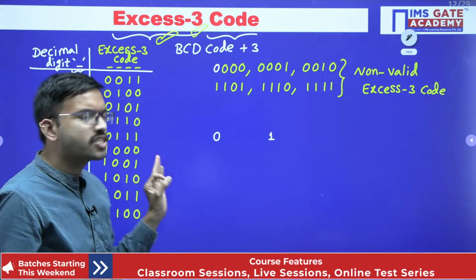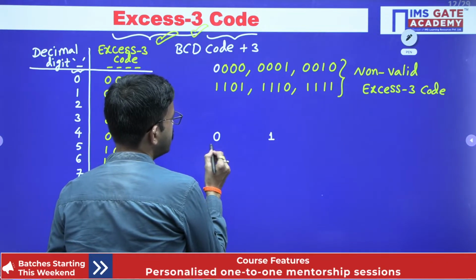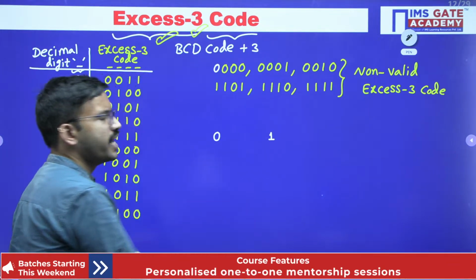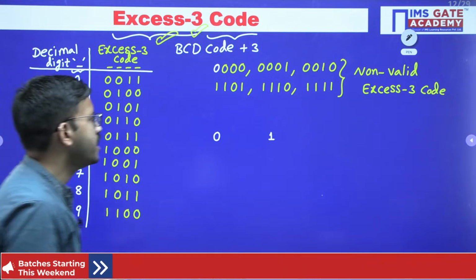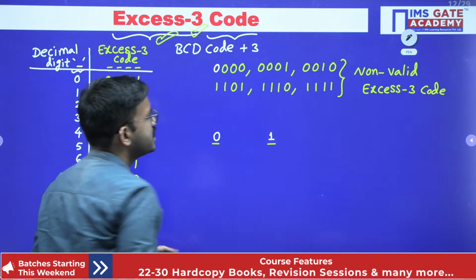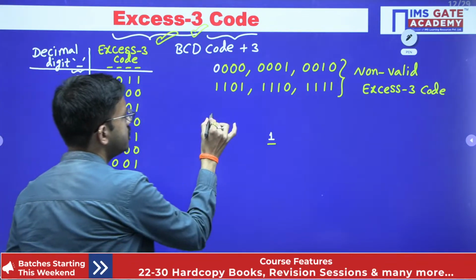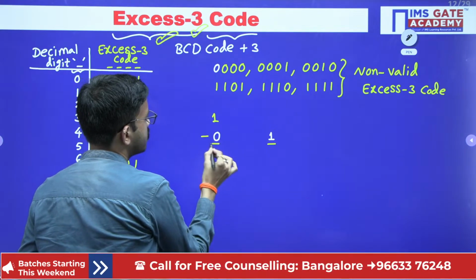But the actual meaning of 1's complement is this. We are considering a binary number, so whatever single bit you are having, you can subtract each bit from 1.